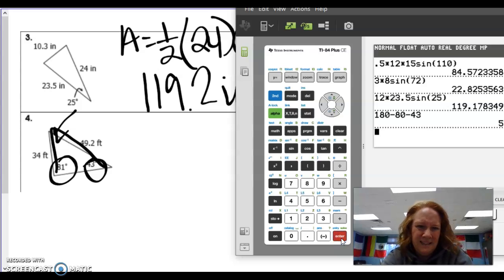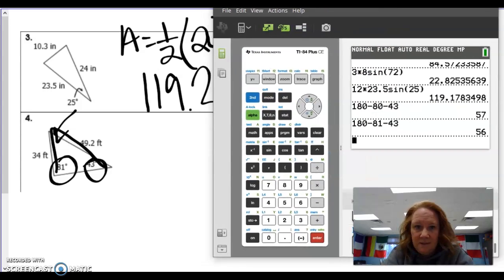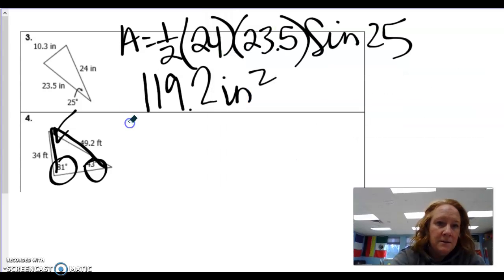Oh, really? That's not right. 180 minus 81 minus 43. Can't see the whole triangle. So I did make a little mistake. I didn't need to re-enter it, did I? So 56 is the angle that I want.